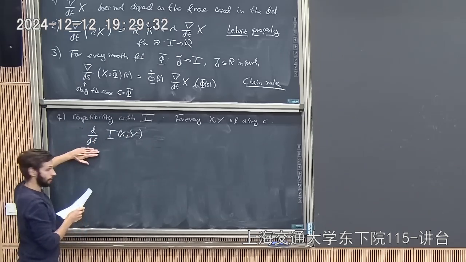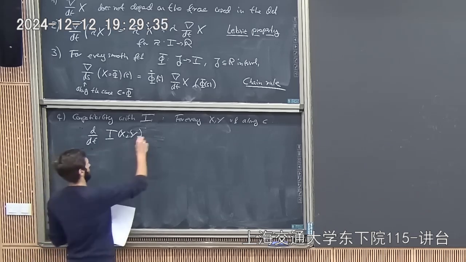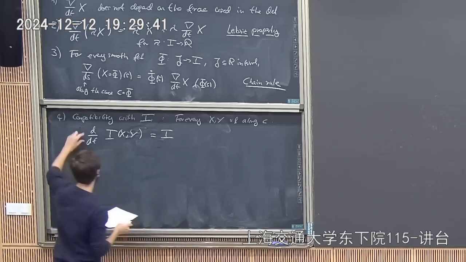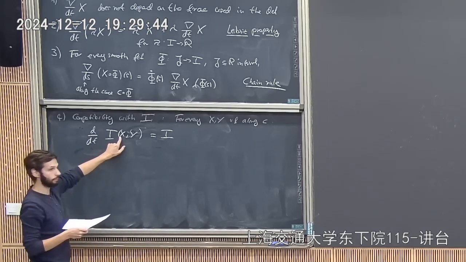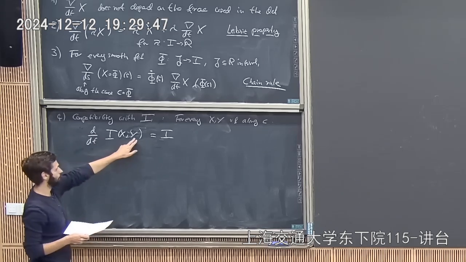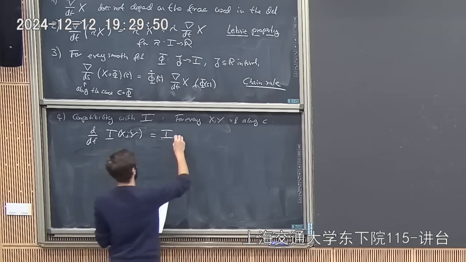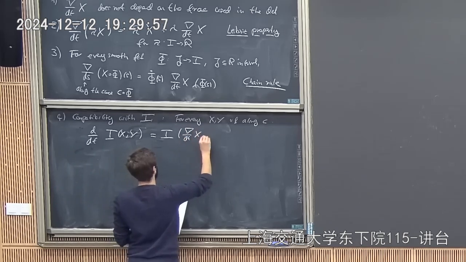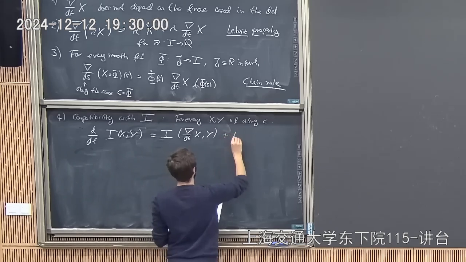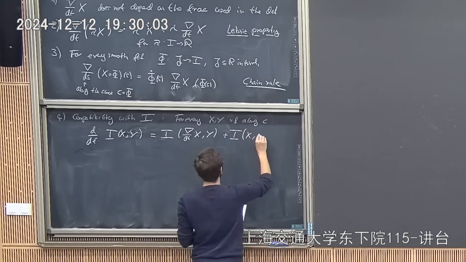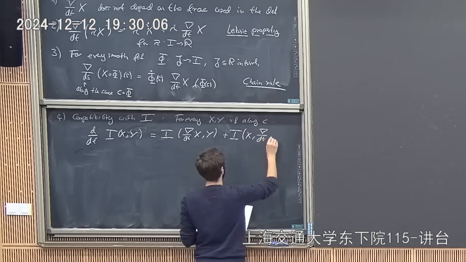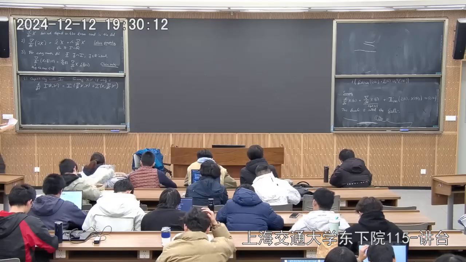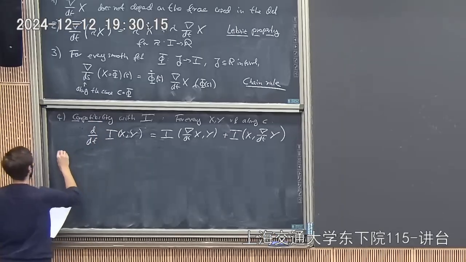You take the derivative with respect to t of that function, and the formula tells you that this one is the same as essentially bringing d/dt inside and first taking the covariant derivative with respect to X, and then plus the second term where we take the covariant derivative of Y. So that's some kind of compatibility condition.